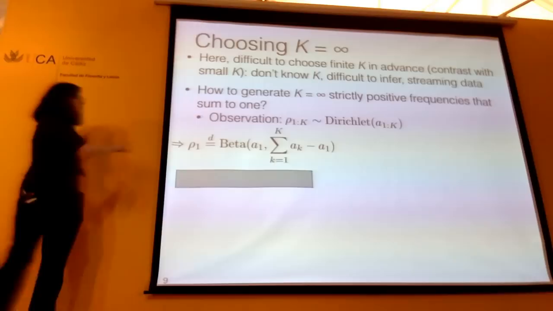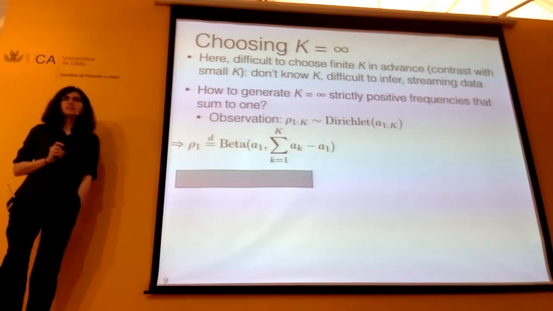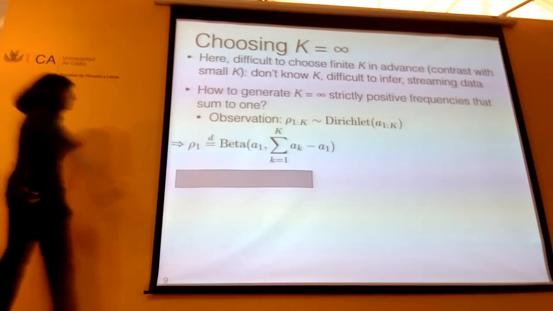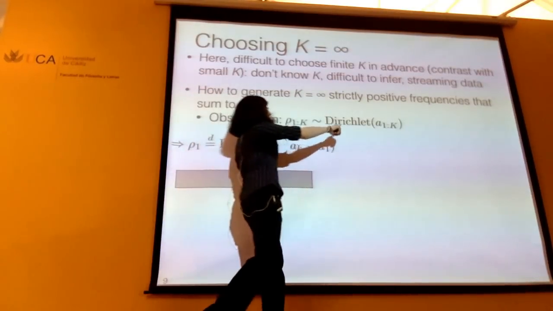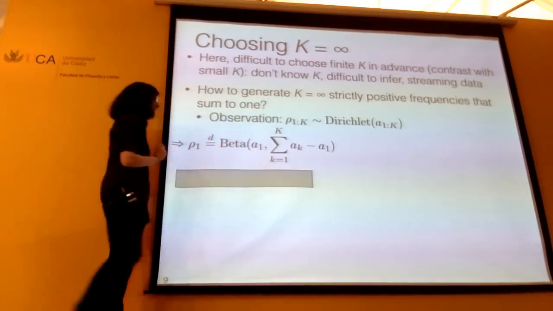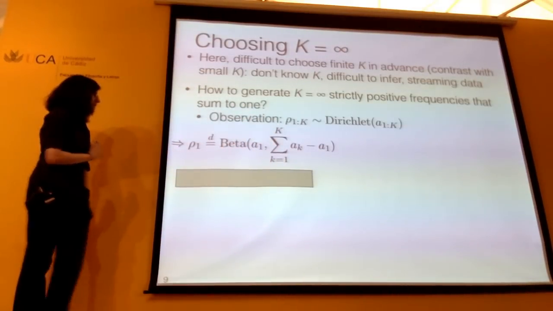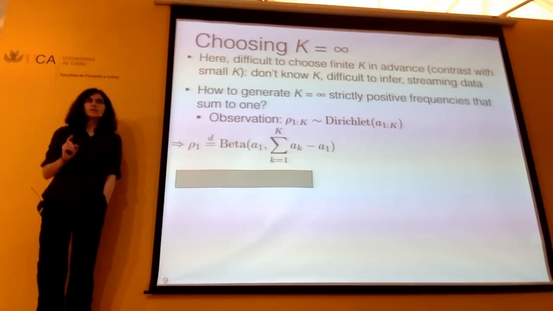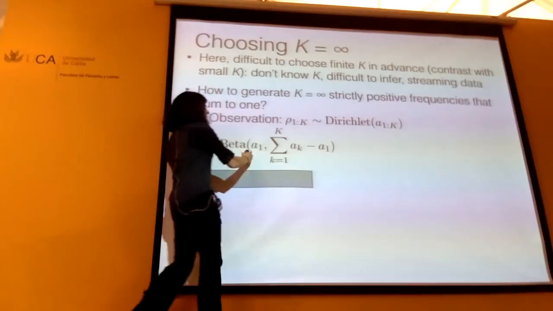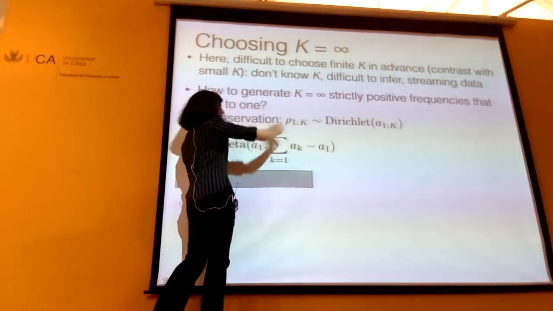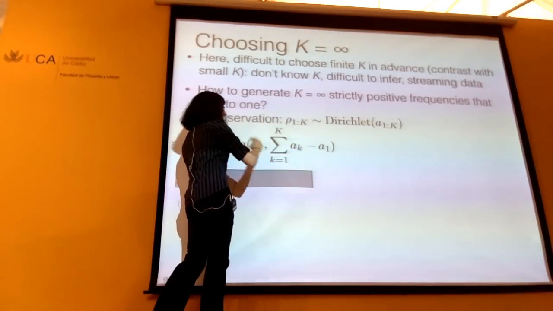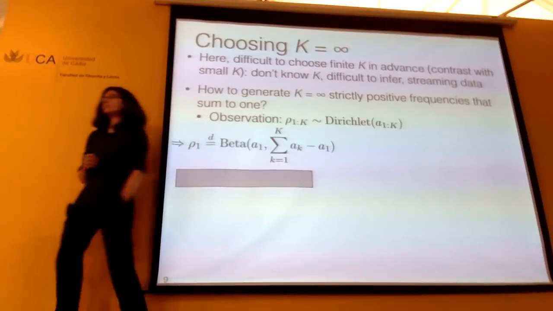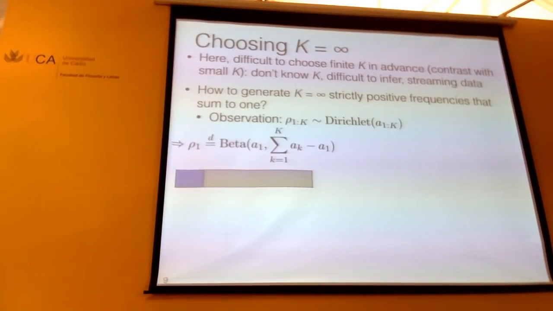Well, here is a fun fact about Dirichlet distributions that I encourage you as an exercise to derive on your own. If rho 1 to rho k is Dirichlet distributed with parameters a1 to ak, then rho 1 has a beta distribution with the following parameters. The first parameter is a1, the first parameter of the Dirichlet. And the second parameter is the sum of all the parameters of the Dirichlet minus a1.